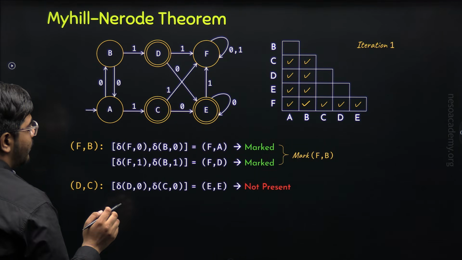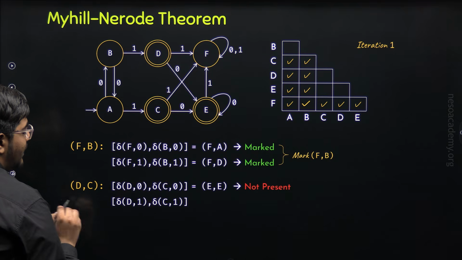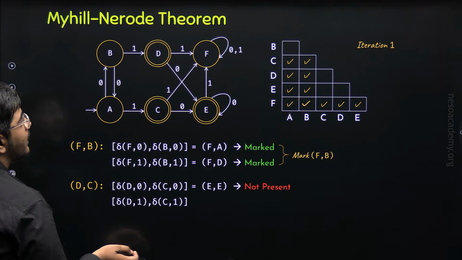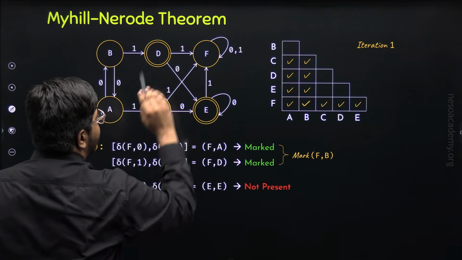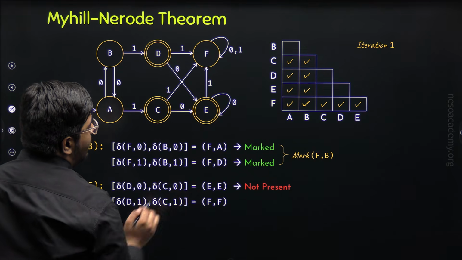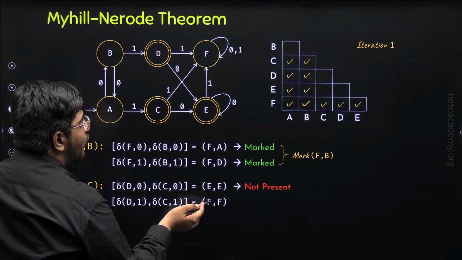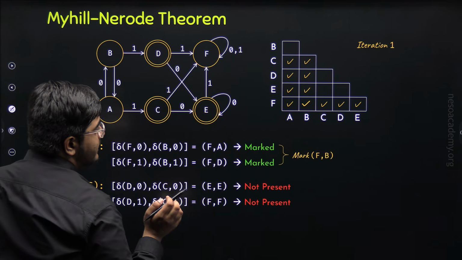Let's check for the input symbol 1, delta D comma 1, delta C comma 1. Now D comma 1 is F and C comma 1 is also F. So we are getting F comma F. Similarly, F comma F is also not present in this table.